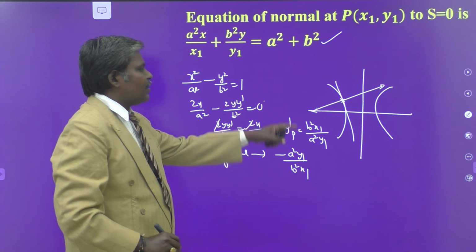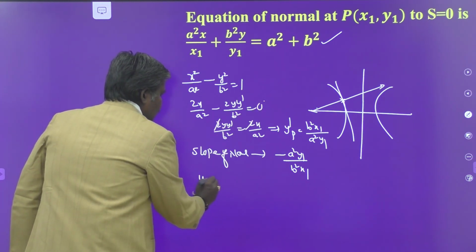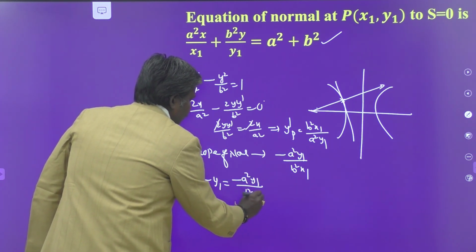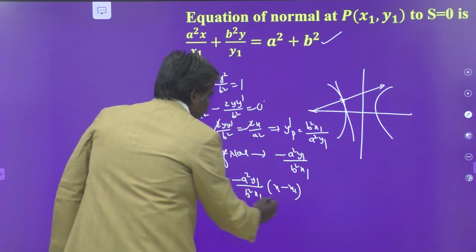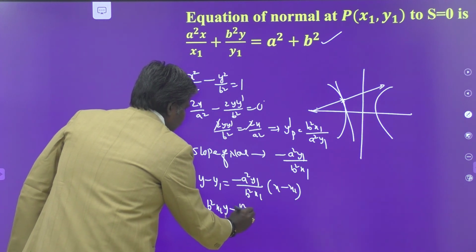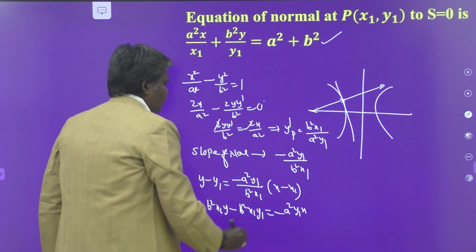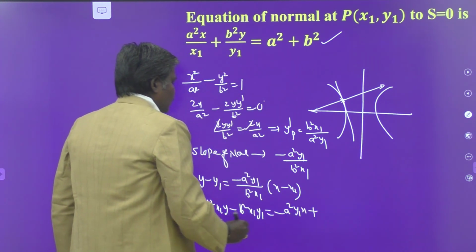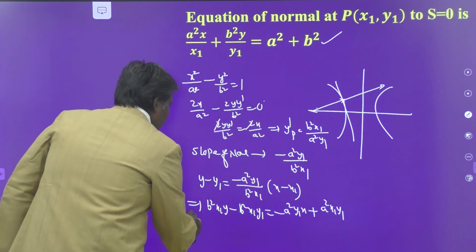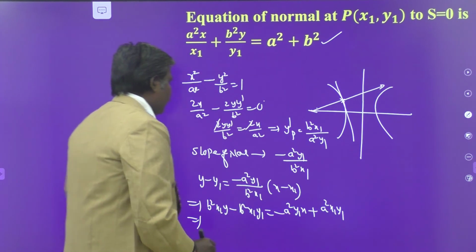So we have the slope of normal, you have the point. Can you write the equation of normal at that point or not? Yes. y minus y1 is equal to minus a square y1 by b square x1 into x minus x1. Implies b square x1 y minus b square x1 y1 is equal to minus a square y1 x plus a square x1 y1. Now you can take this into the left side and b square x1 y1 to the right side.